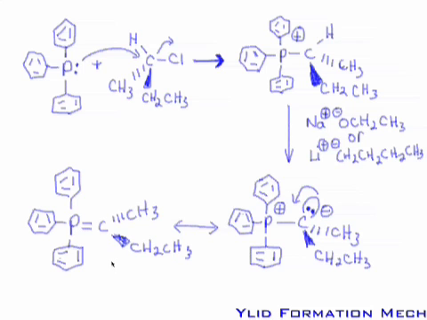So the phosphonium ylid is quite basic, loses a proton fairly readily because it is resonance stabilized. You will note that phosphorus can have a double bond, 10 electrons here, because phosphorus is in the 3rd row. It has empty d orbitals into which the electrons can be placed.